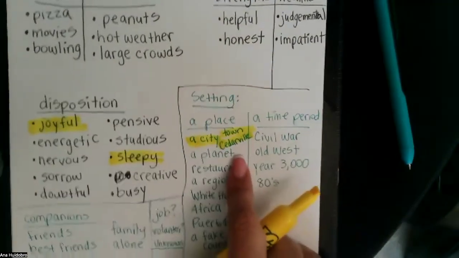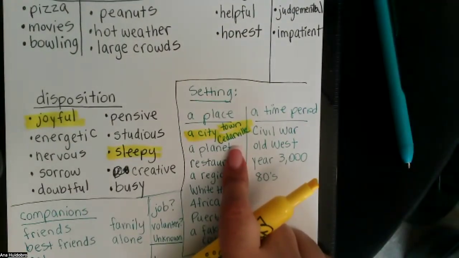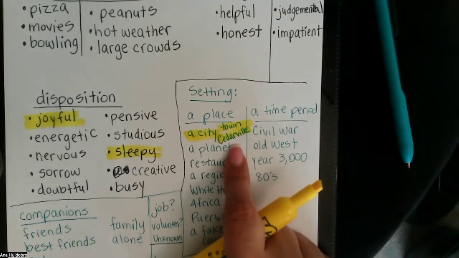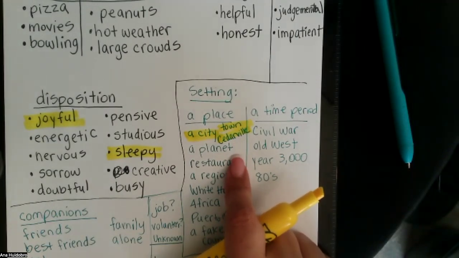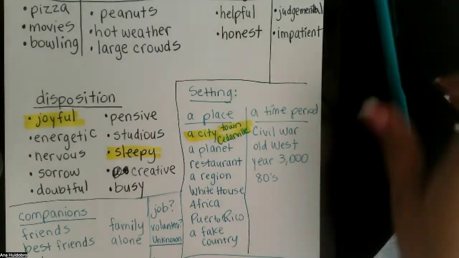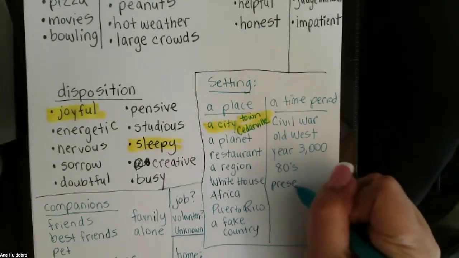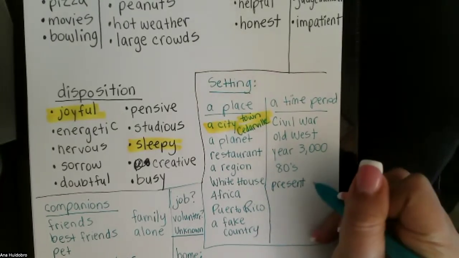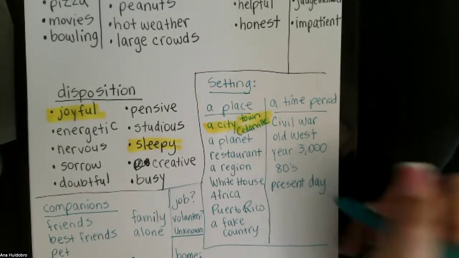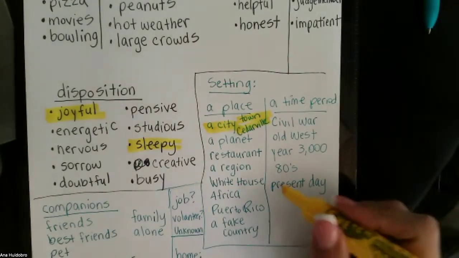So the setting where George McTrunk lives is the town called Cedarville. And I think I want to put just present day. So not in the past, not in the future, just like today.